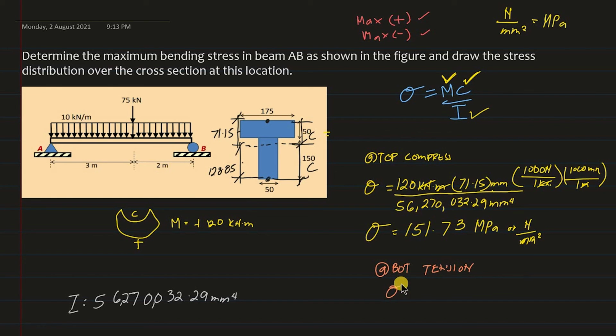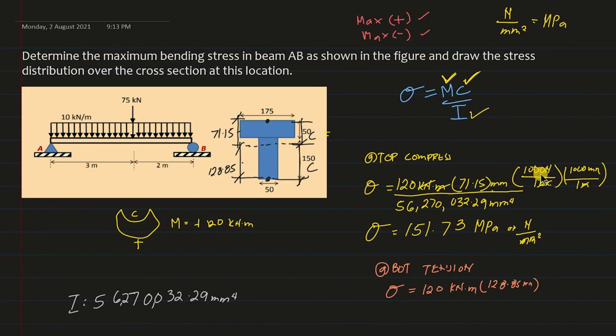So, the value of our sigma would be equal to, parehas lang yung moment natin, 120 kilonewton meter. And then, ang value ng ating C, yun yung mapapalitan. Ito na ngayon, kasi nga, papuntang bottom eh. So, that's 128.85 millimeter.